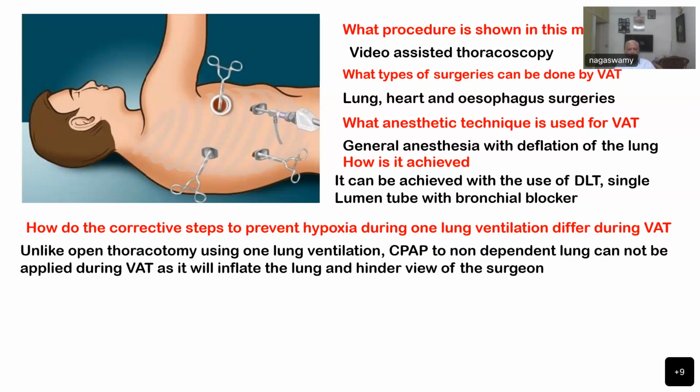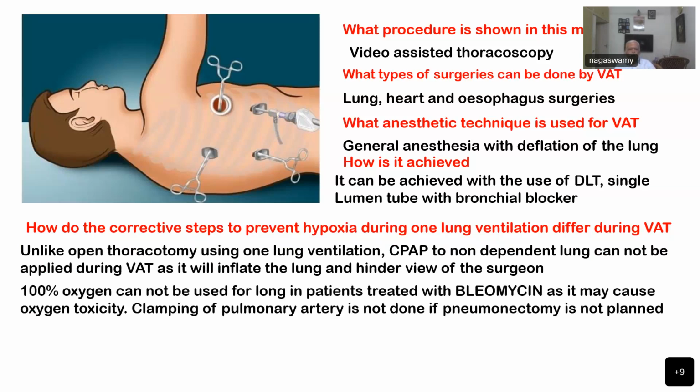So surgeons won't like you to ventilate or give CPAP to the collapsed lung. And you cannot use 100% oxygen for long in patients, especially those treated with bleomycin, as it may cause oxygen toxicity. And the third point, clamping the pulmonary artery, is not done if pneumonectomy is not planned. So these are the three small differences between open thoracotomy one lung ventilation and video assisted thoracoscopy.